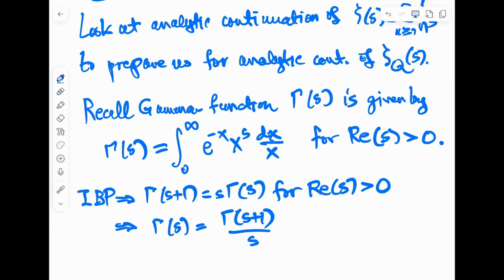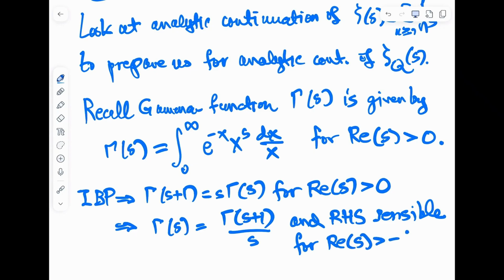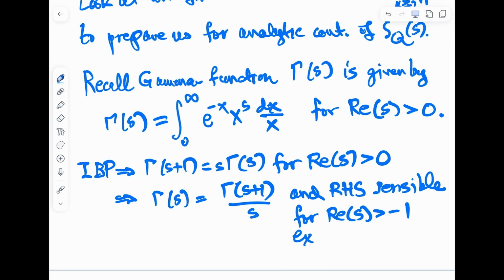And the great thing about this formula is that the right-hand side actually makes sense on a wider region, for the real part of s bigger than -1, except you're going to wind up with a pole at s equals 0, because when s is 0, the numerator becomes gamma of 1.